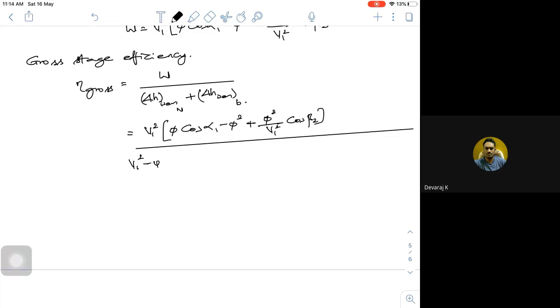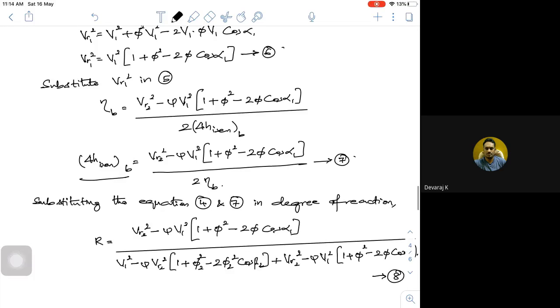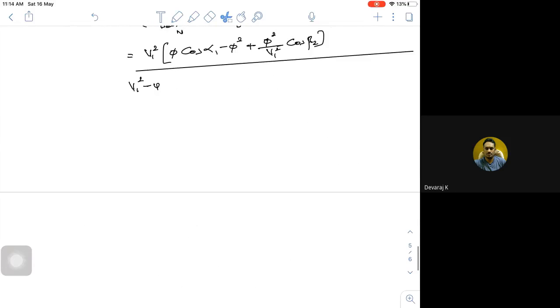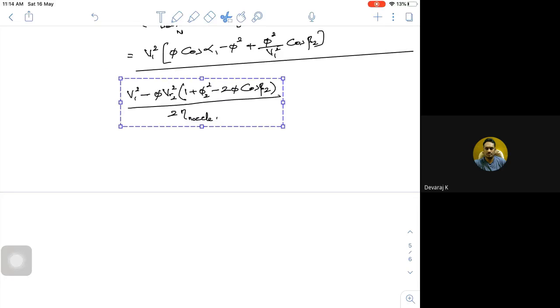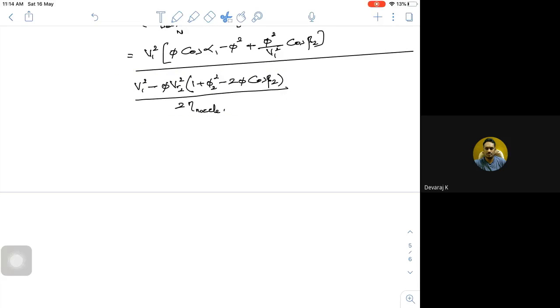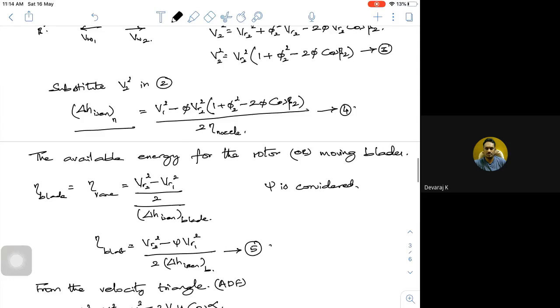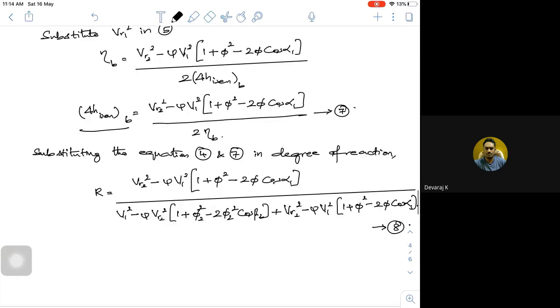Let me copy that and paste it. This equation I have to write in the denominator. This is for the nozzle and the stator, and for the rotor, I have to copy this one.